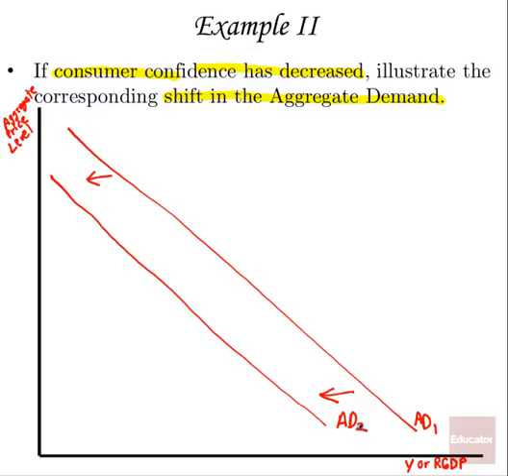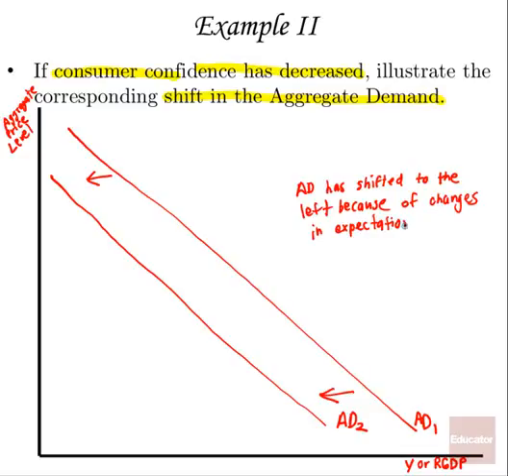So you have AD2, so AD has shifted to the left because of changes in expectations there. People are expecting bad things for the economy. They're just pessimistic about what's to come, and so they're not going to spend as much money.